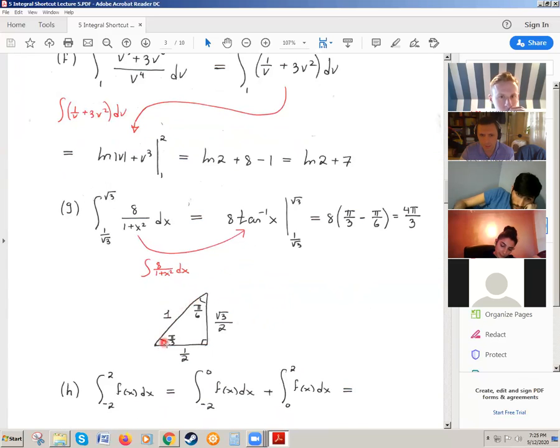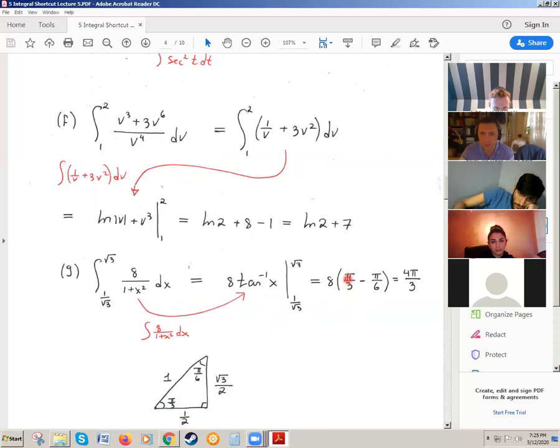If you remember, this is this triangle. So we have pi over 3, pi over 6. They correspond to root 3 over 2 and 1/2. And so you can observe, for example, that tangent of pi over 3 is root 3, because you just take this number divided by 1/2. So tangent of pi over 3 is root 3, which means that tangent inverse of root 3 is pi over 3. That's what you get over here.